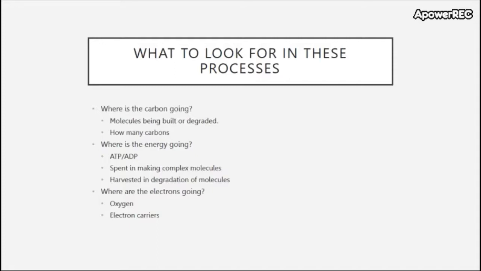One thing I want you to ask yourself is, where is the carbon going? So you're going to follow the carbon trail. I want you to notice what molecules are being built or degraded and how many carbons these molecules have. You'll typically have a starting material that has a scaffold of carbons to it, like glucose has 6 carbons.